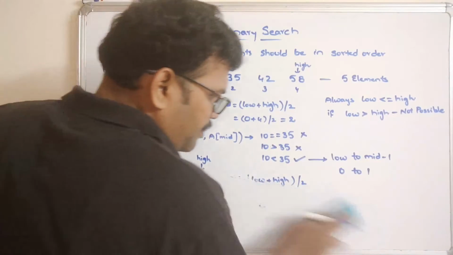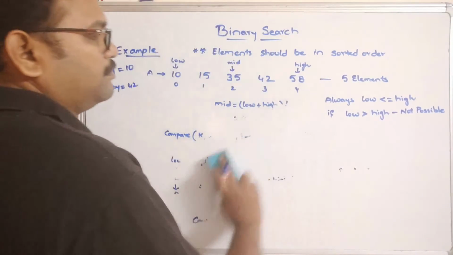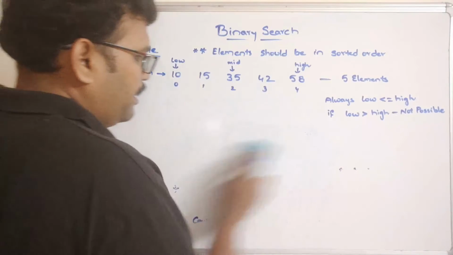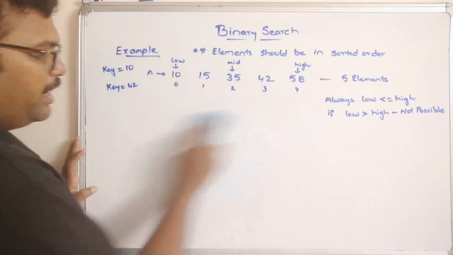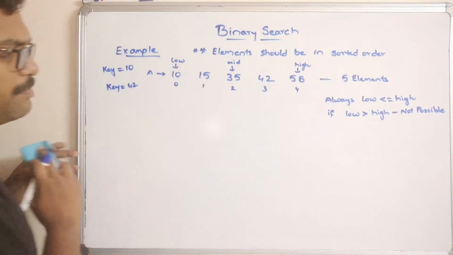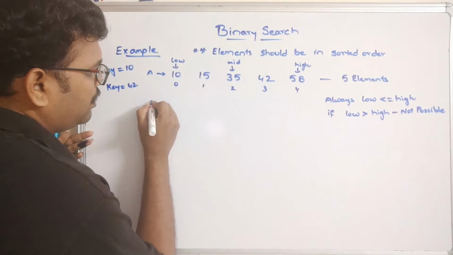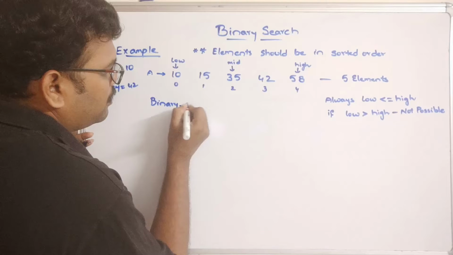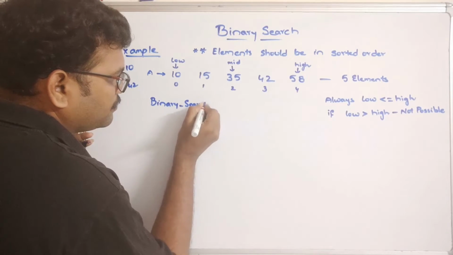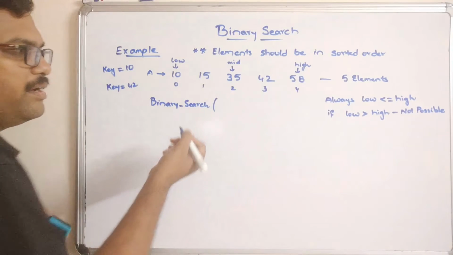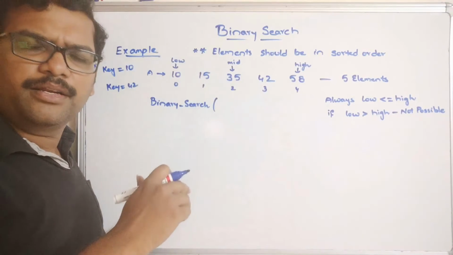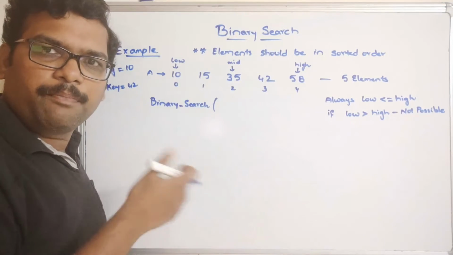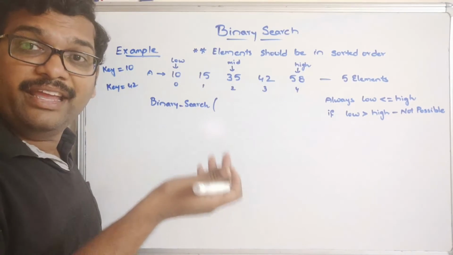Recursive algorithm, right? We can write the recursive algorithm. So I'll write here. It's a very simple algorithm. Binary search. So we can take a few parameters, like array. We can pass the array, low, high and key.